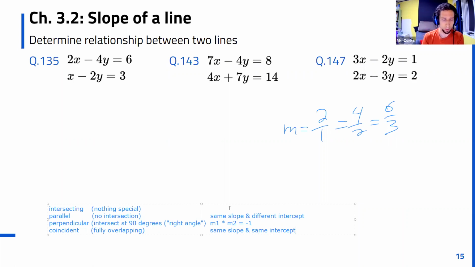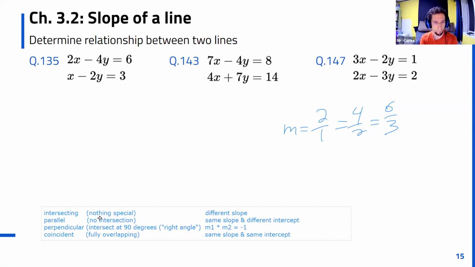And for the intersecting situation, it's just different slope. It doesn't matter about the intercepts, but if the slopes are different, then we'll have an intersection of the two lines. So there's our little summary down here at the bottom of what we're looking for.